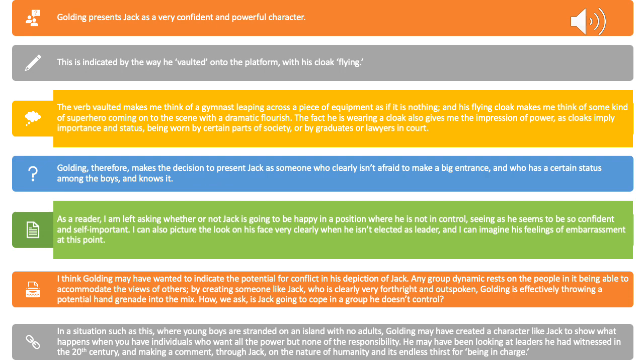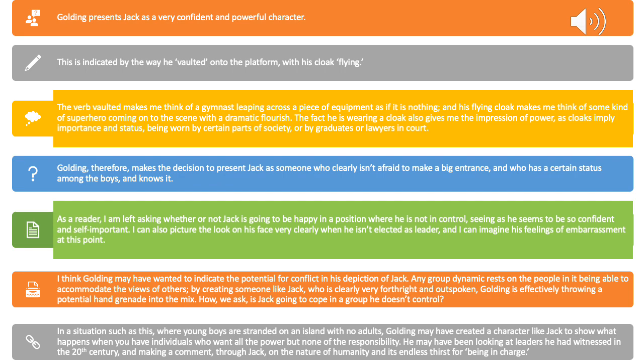So what I've done there, I've gone back to my overall answer at the top, and I've just reiterated and added to it a little bit. Now, green is effect on the reader. As a reader, I am left asking, so that's my verb, whether or not Jack is going to be happy in a position where he's not in control, seeing as he seems to be so confident and self-important.